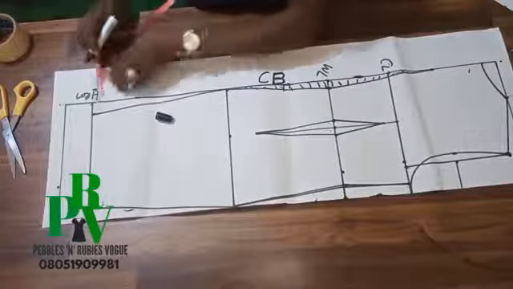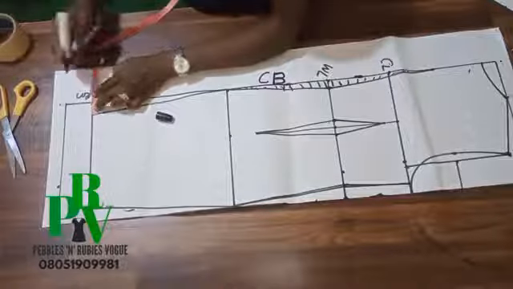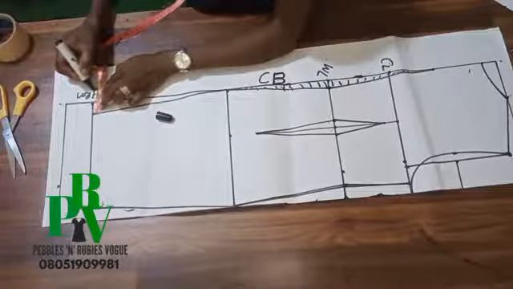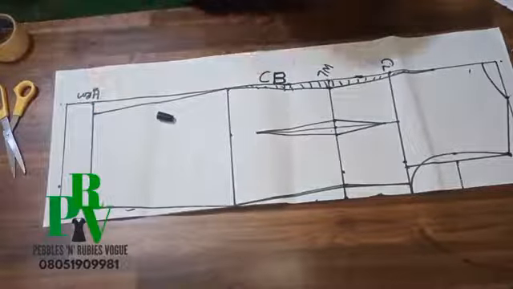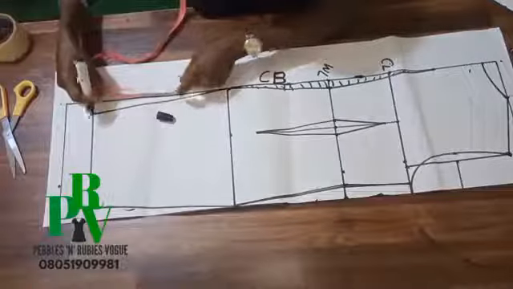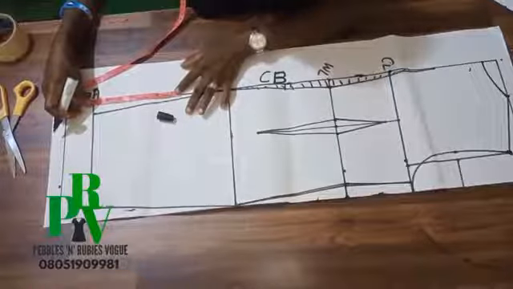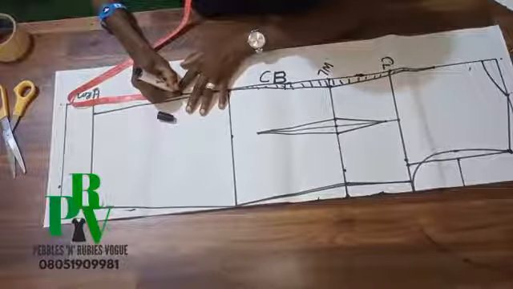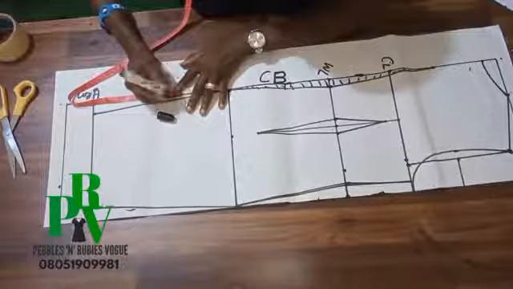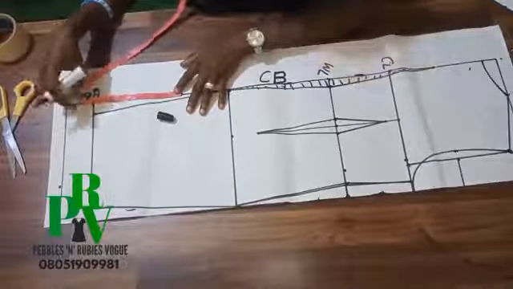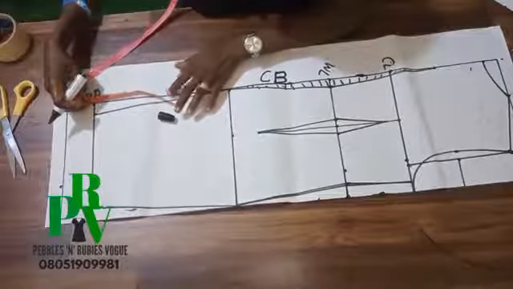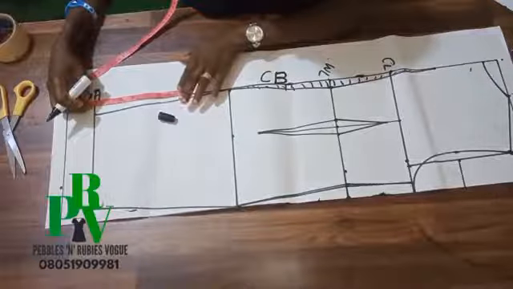We have moved in by 1. So I'll mark 2 inch outward. Okay, 2 inch. And then from the hem, I'll move up by 7 inch. This is dependent on you, how long you want the slit to be. It can be 6 inch and it can be 7 inch. So I'm marking 7 inch from the hem line.